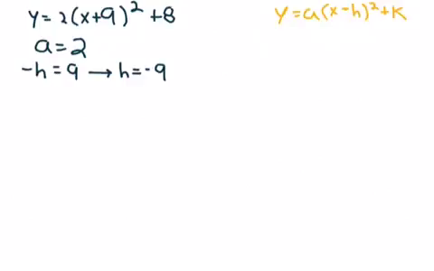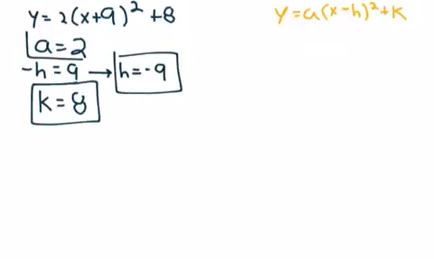So my H in this case is actually negative 9. And then finally, if I want to figure out what my K is, it's just whatever's being added to the first part. So here's my first part plus K, here's my first part plus 8, and that tells me that K is equal to 8. So here's my K, here's my H, and here's my A.